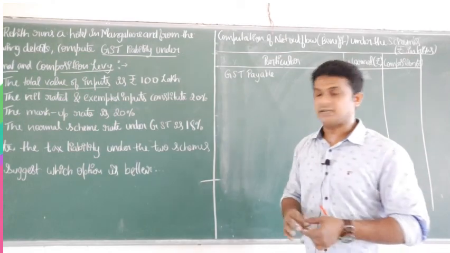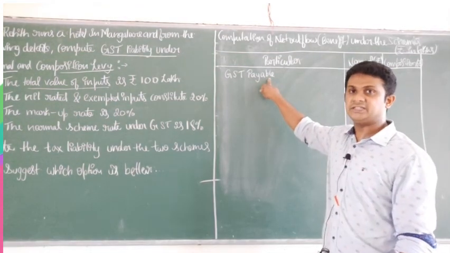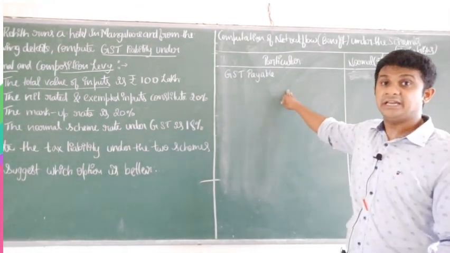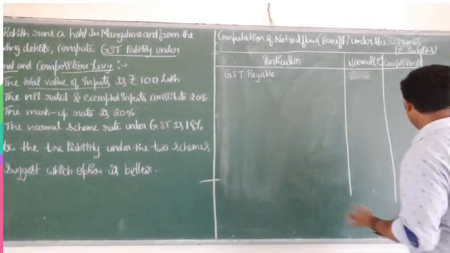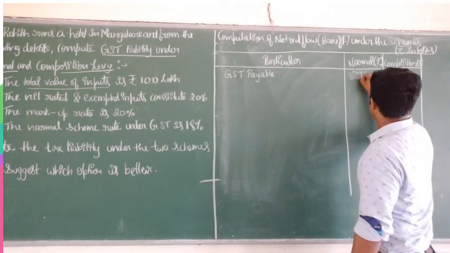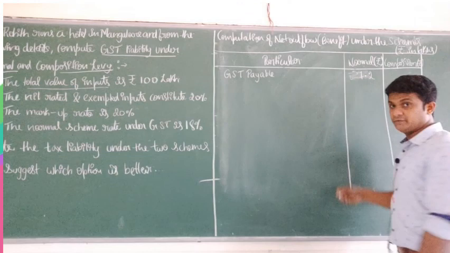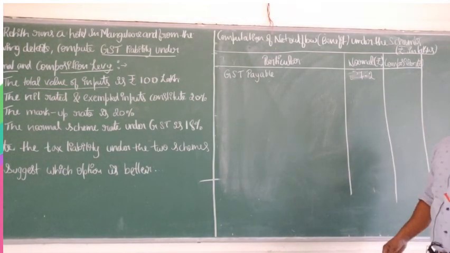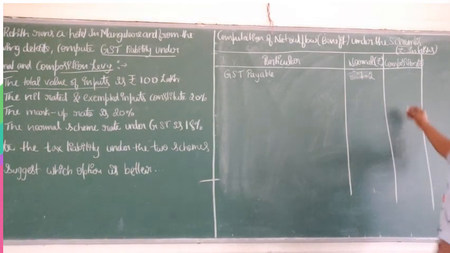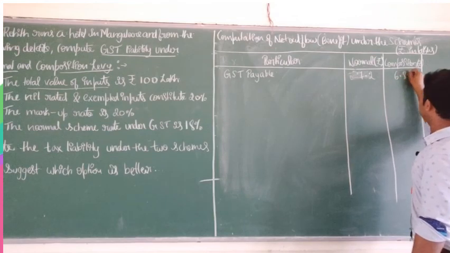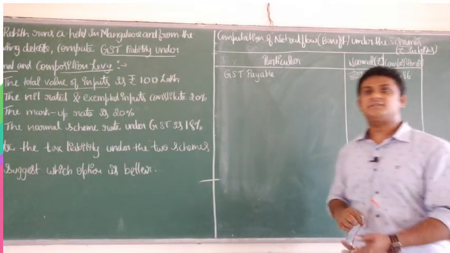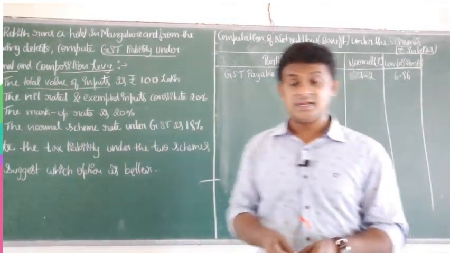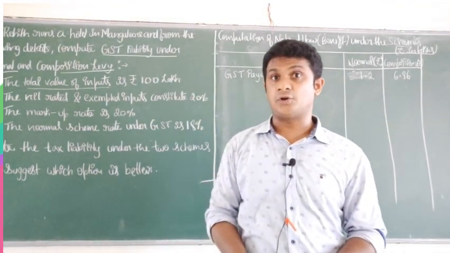Now I will be writing that value. Under normal scheme, the GST payable by Mr. Rohit to the government is 7.2 lakhs, which we have calculated before, and under composition scheme it is 6.86 lakhs. Then I said we have to add the additional profit that can be generated by opting for composition scheme.